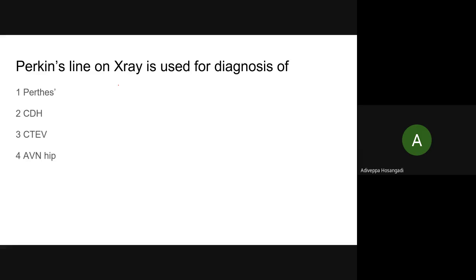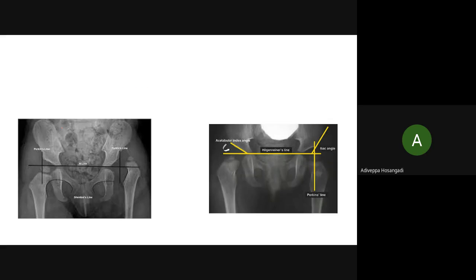Perkins line on X-ray is used for diagnosis. Certainly, not CTV, not Perthes, it is CDH, because we are dealing with CDH, isn't it? But I will show you a diagram of Perkins line. Please remember these are very, very important diagrams, especially when it comes to CDH, or DDH.